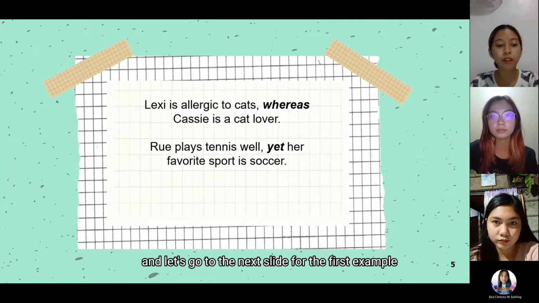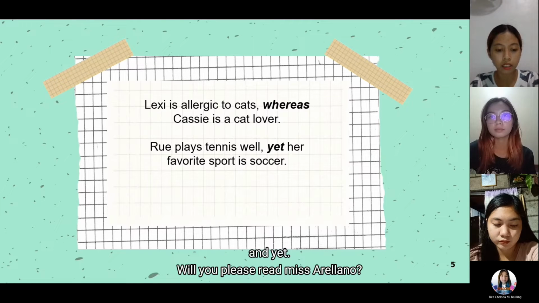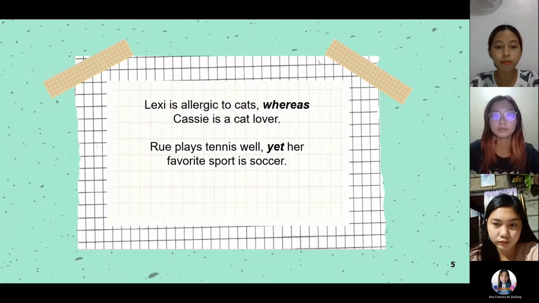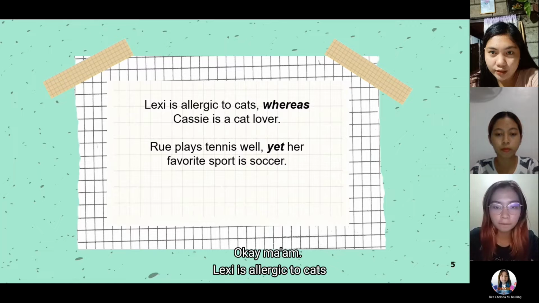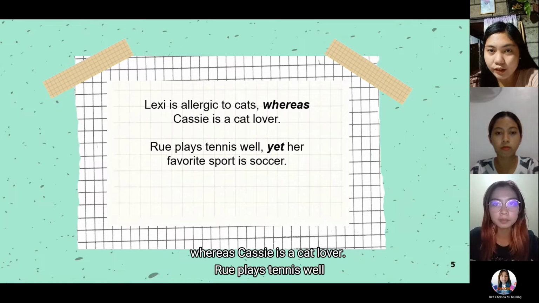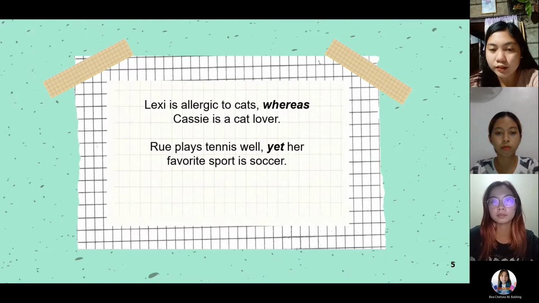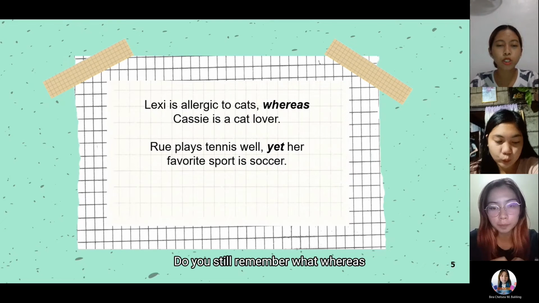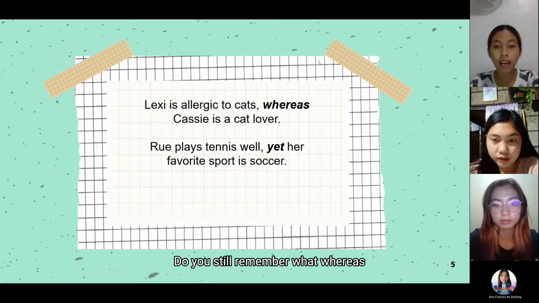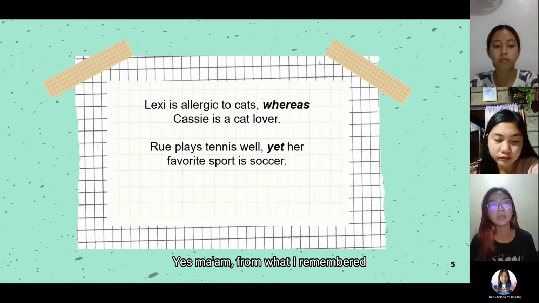For the first example, the linking words that we have here are whereas and yet. Will you please read, Miss Earliano? Okay, ma'am. Lexi is allergic to cats, whereas Cassie is a cat lover. Rue plays tennis well, yet her favorite sport is soccer. Thank you for reading. Miss Beliling, do you still remember what whereas and yet show as linking words?